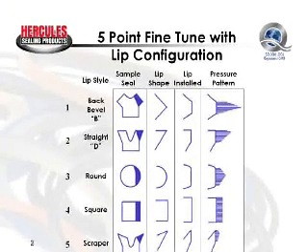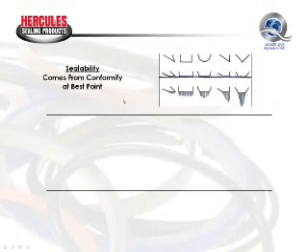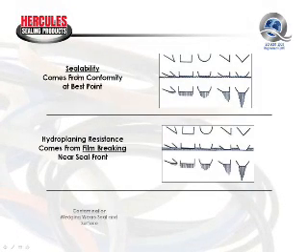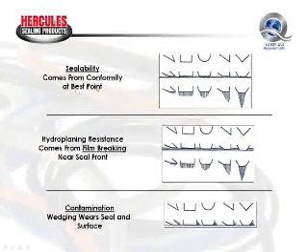Here's another way to look at that same thing. Sealability comes from conformity at the best point. Here we see the B lip sees the highest degree of sealability because of the greater radial force exerted against the sealing surface. Part of that has to do with the hydroplaning resistance, which comes from the film breaking ability of the seal.